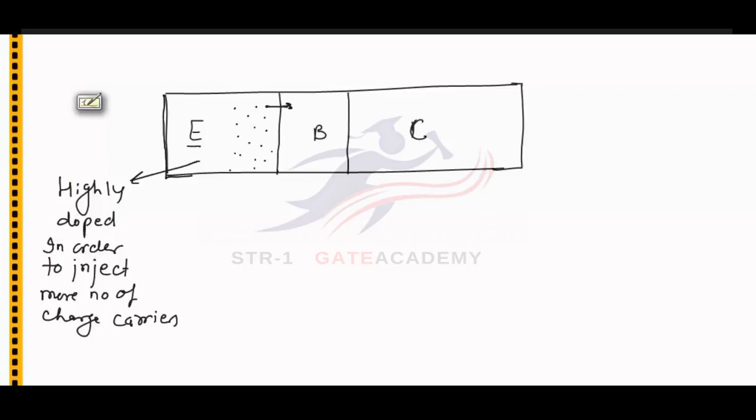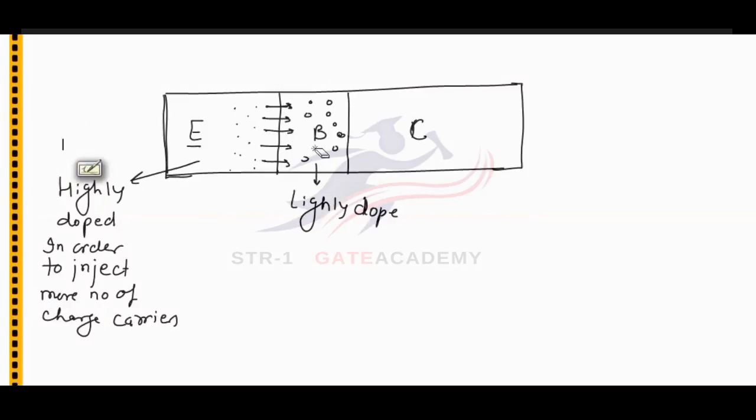Now the base region is lightly doped because we are injecting these majority charge carriers into the base region. If the base is highly doped, then there will be a large number of holes in this base region, and as we are expecting these injected charge carriers to reach the collector, due to the large number of holes in the p-type region, there will be a large number of recombinations in the base region.